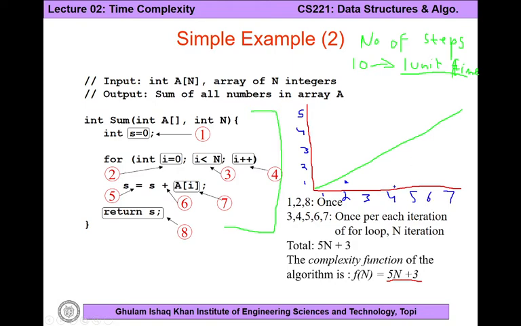For an input size of 6, this algorithm may consume this amount of time, like 3.2 or 3.3, but the performance of this algorithm is bounded in this particular region, which is dictated by this green line. So rest assured that the performance of this algorithm will not exceed this green line, right? So this complexity function represents the bound on this particular algorithm.